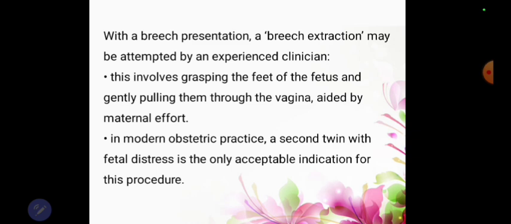It involves grasping the feet of the fetus and gently pulling them through the vagina, aided by maternal effort. In modern obstetric practice, second twin with fetal distress is the only acceptable indication for this procedure, because otherwise deflection will happen and the engaging diameter will become vertical, which is unfavorable for vaginal delivery.